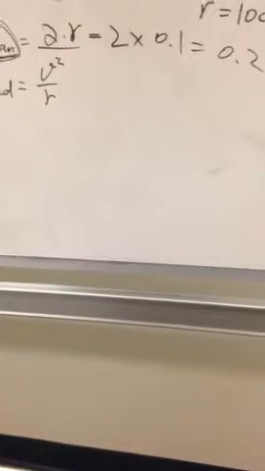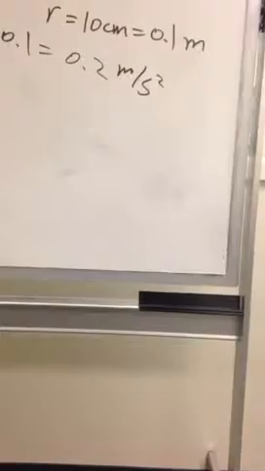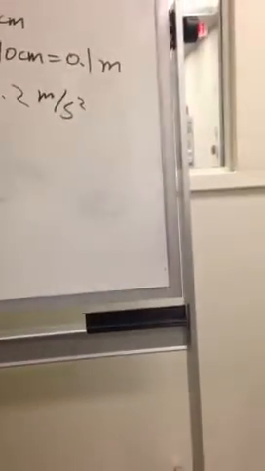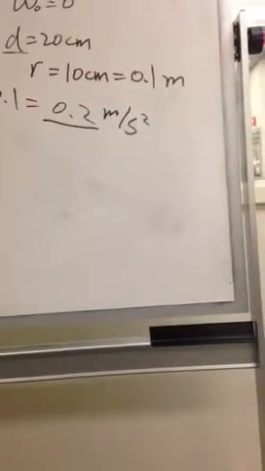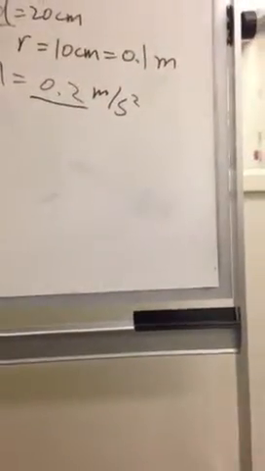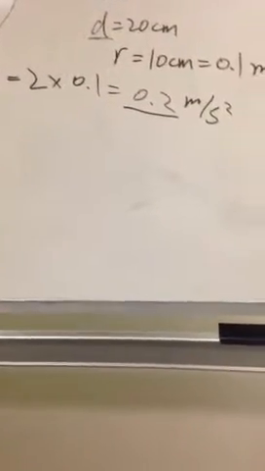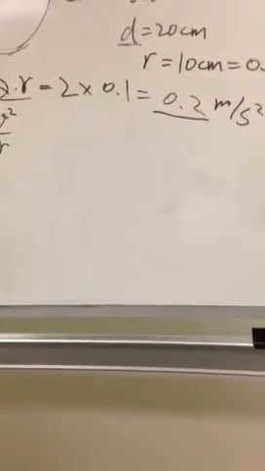The answer is A for this question. It's not 0.2, because it's 2 times 0.1. That's why I'm saying the linear should be the combination of these two, because the answer is not the tangent acceleration alone.